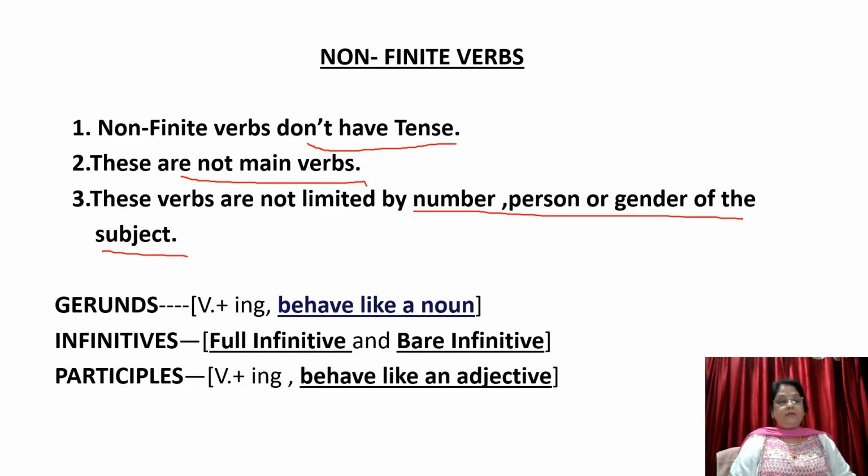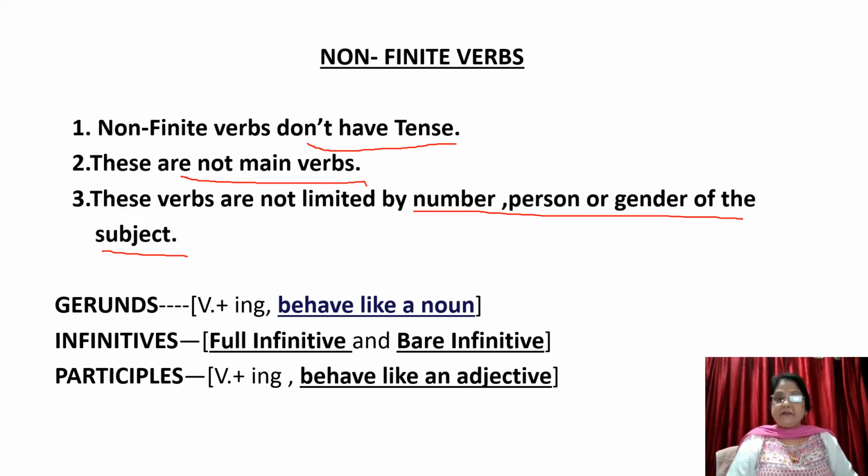Now let's see what are participles. Actually, participles also are formed by adding ing to the verb. But there is a difference between gerunds and participles.